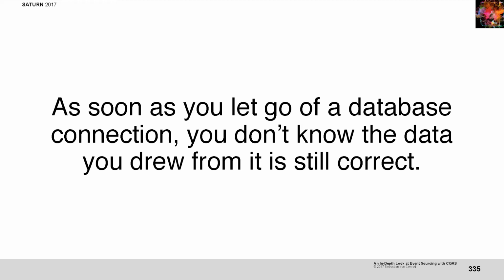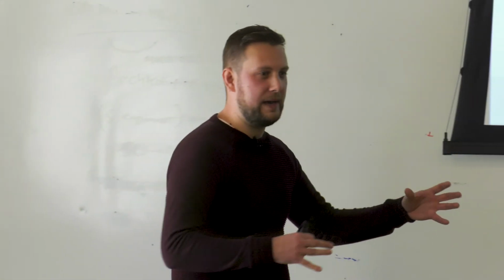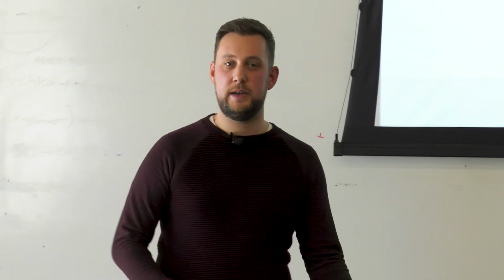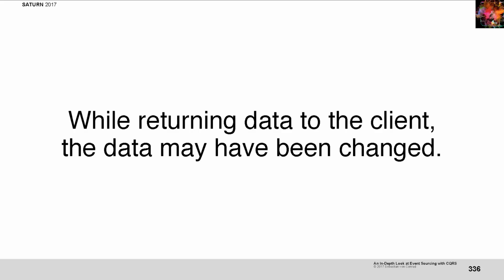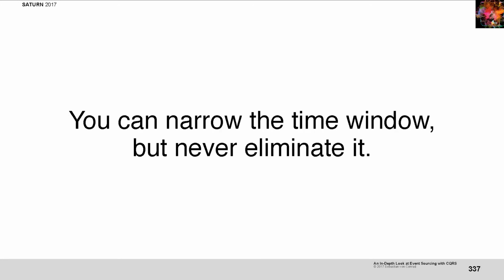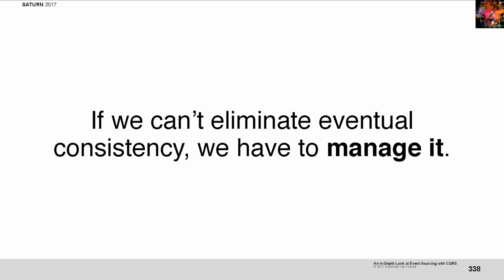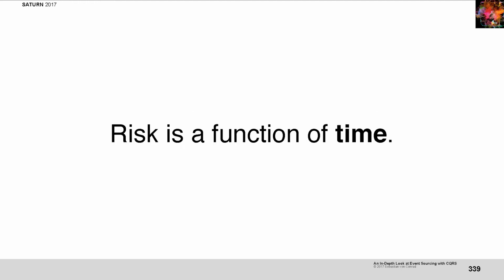It's entirely possible that while you are formatting the HTML to return back to the browser, the data itself might have changed. That's what I just said. You can narrow this time window as much as possible, but you can never fully eliminate it. And if you can't eliminate it, all you can do is manage it.